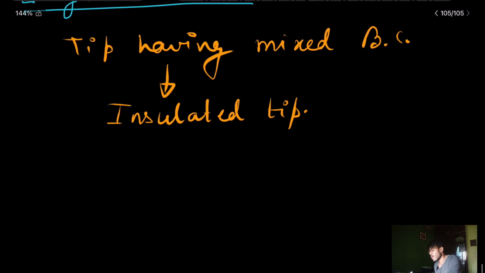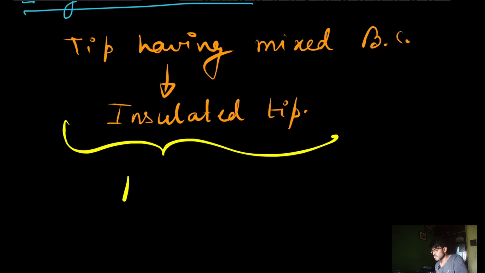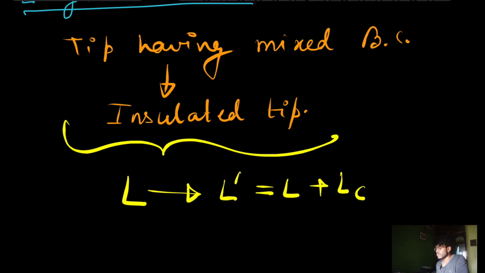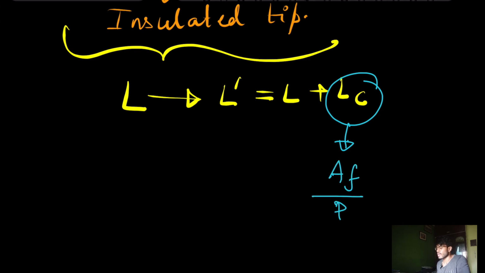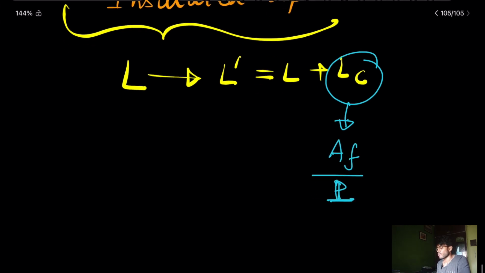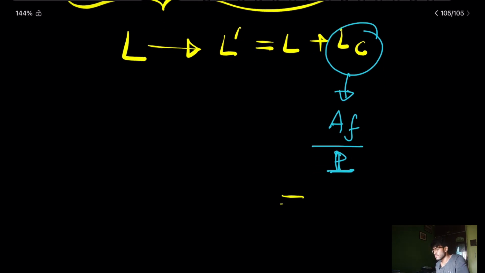And how will I get this? I will get this by converting L to L corrected, so that will be L dash, where L dash is L plus L corrected. Now this L corrected was calculated to be the area of the fin by the perimeter of the fin. For a circular fin, this will be r by 2, I think.